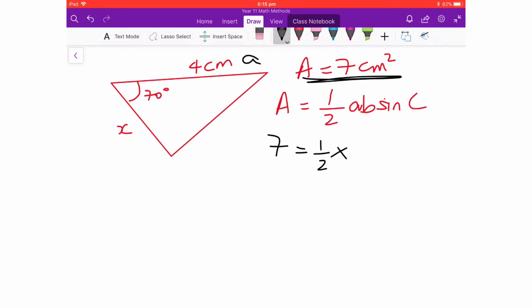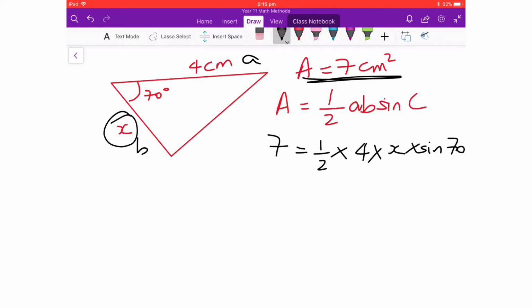Let's say this is A and this is B. Not too important, but A and B are just any sides that you're given. So I'm going to put 4 in. My B is X, so I'm going to put X in times sine C. My C is my angle, and my angle in this case is 70.